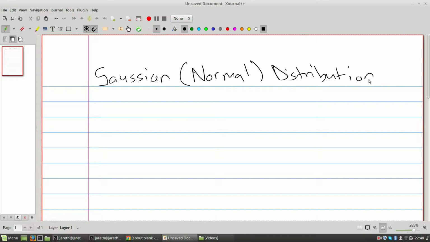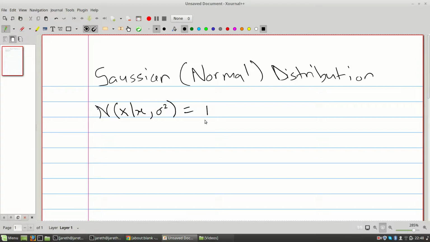So the Gaussian distribution, just to start off, is represented by the following formula. We have N, which represents normal, of x, and it's parameterized by two things. The first is mu, which means the mean, and the second is the variance, represented by sigma squared. This is how we parameterize this. And what is this equal to?